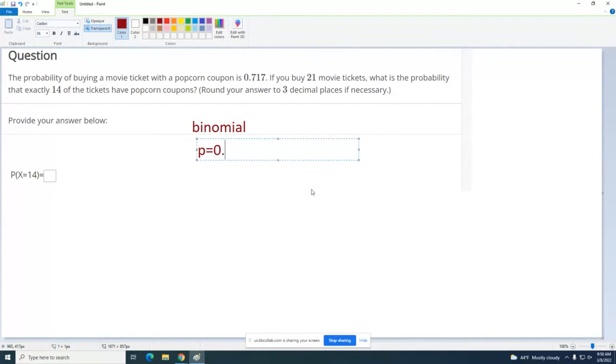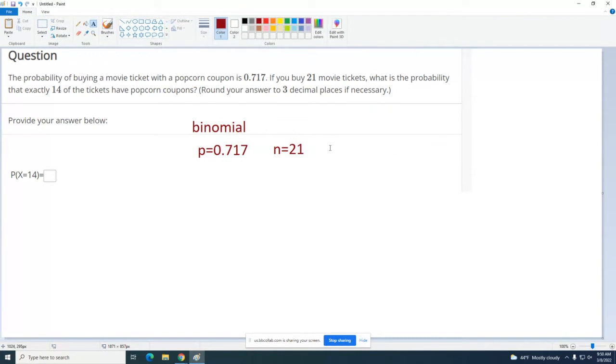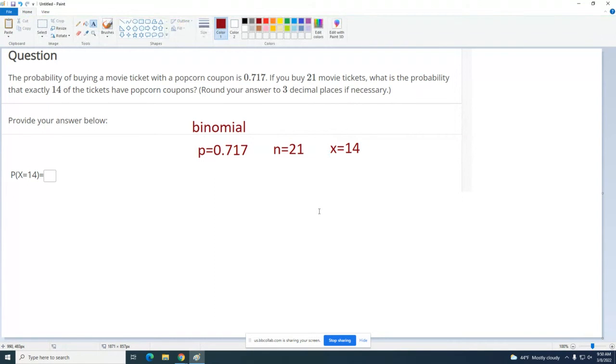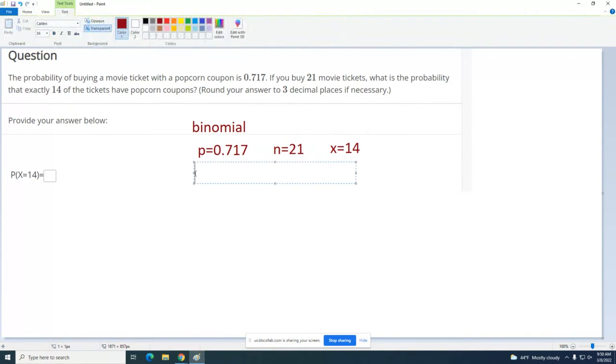This question, P equal to 0.717. And we also have the total number of trials is 21. And we want to find out the probability to have 14 successes. So x equal to 14. Identify those three numbers, which then allows you to apply the formula.